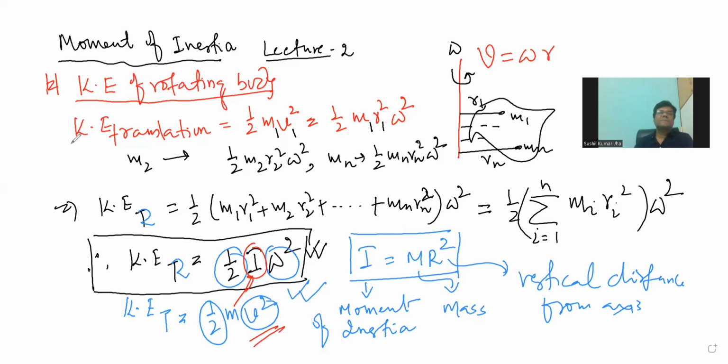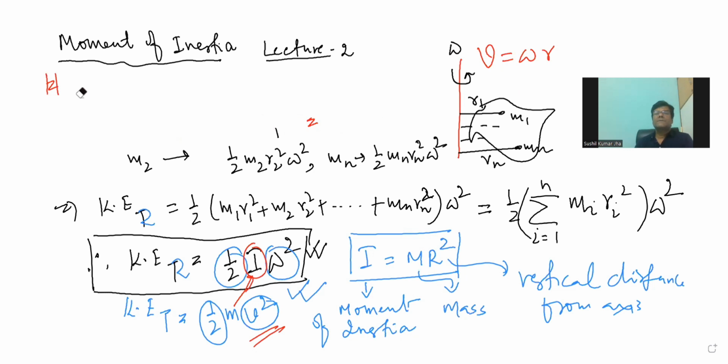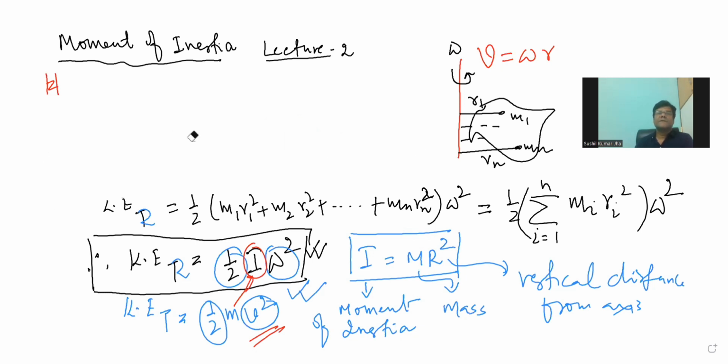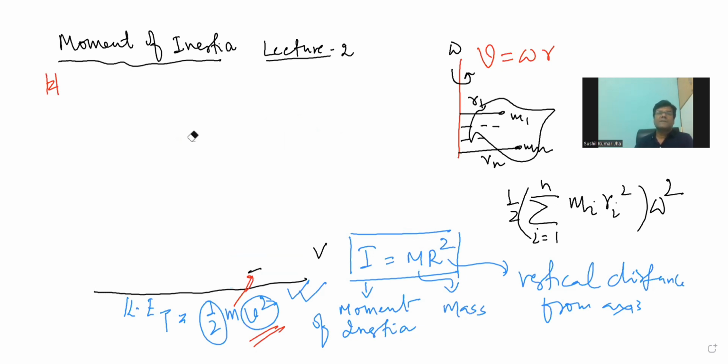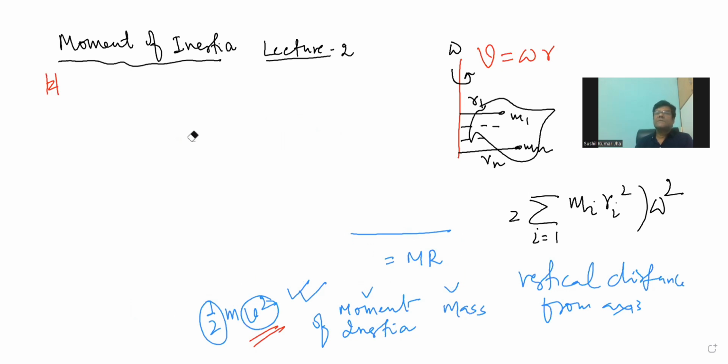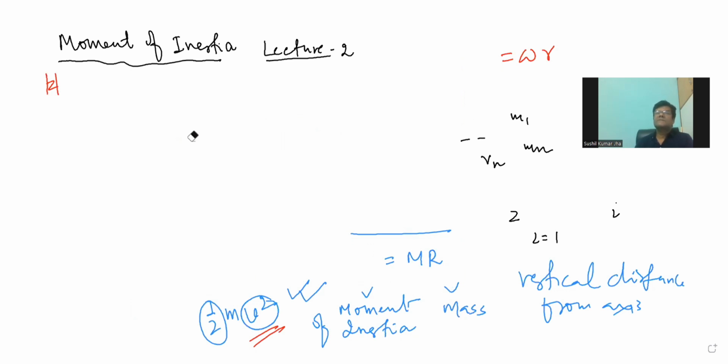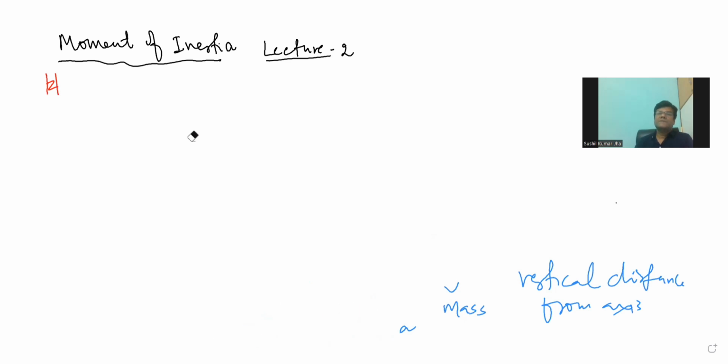let us look into one more important aspect, which is called the radius of gyration. When we talk about radius of gyration, it means vertical distance of what? Vertical distance of center of mass from the axis. And when it is vertical distance from the axis, it is a mere distance, but the name given to it is radius of gyration.